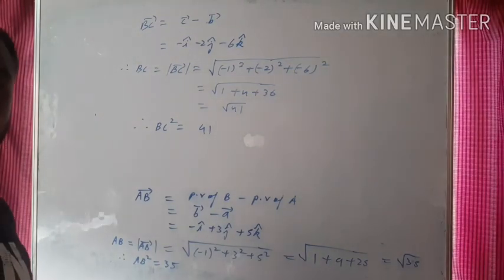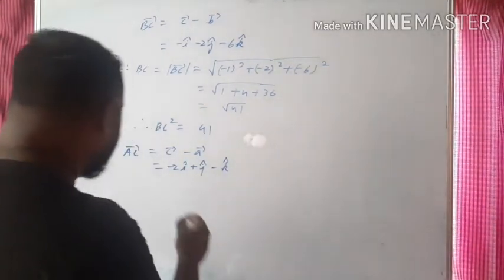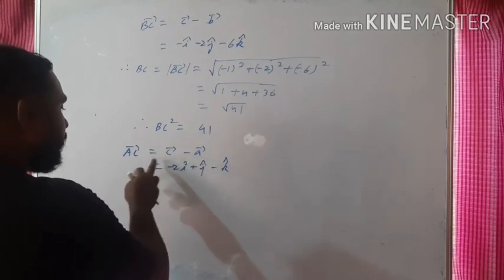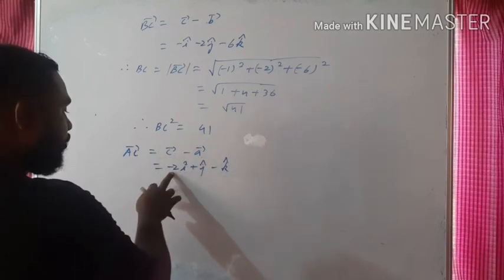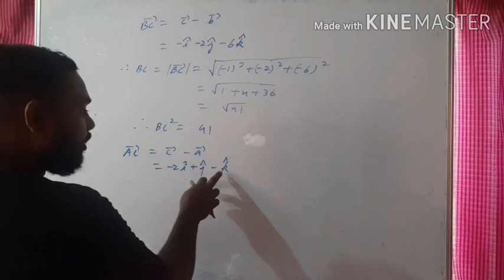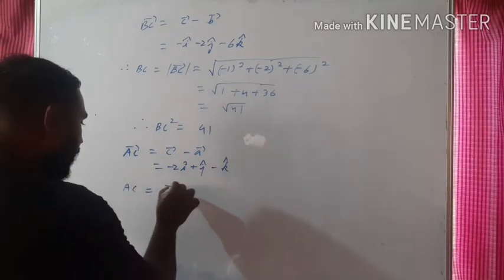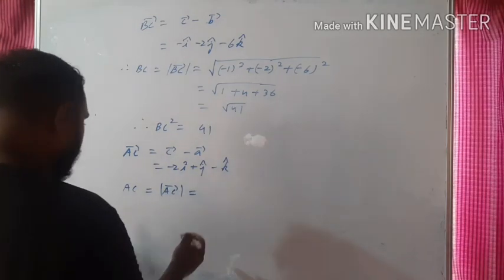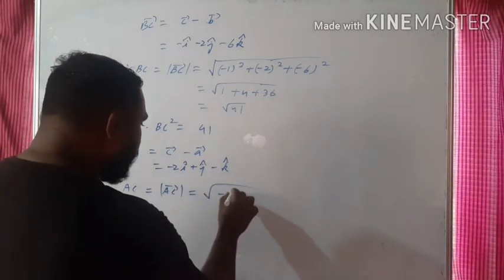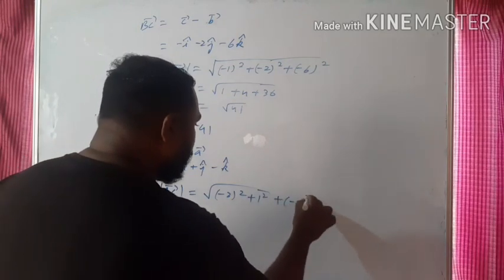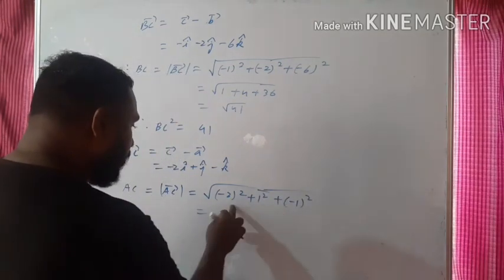Similarly we will find AC also. Now AC is equal to vector C minus A, so it is minus 2i plus j minus k. So AC will be the magnitude of AC bar. It will be root over minus 2 whole square plus 1 square plus minus 1 whole square, which is 1 plus 1 plus 4, that is root 6.